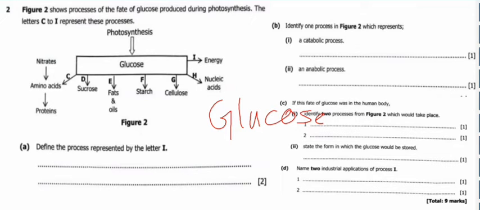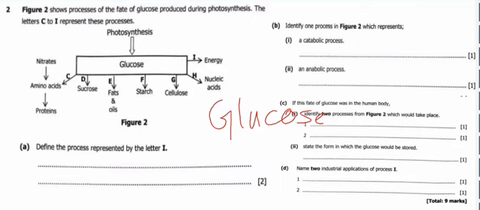So an example is photosynthesis. Since water and carbon dioxide are small molecules, those small molecules are going to be combined to form glucose, right? So an example of an anabolic process is photosynthesis.